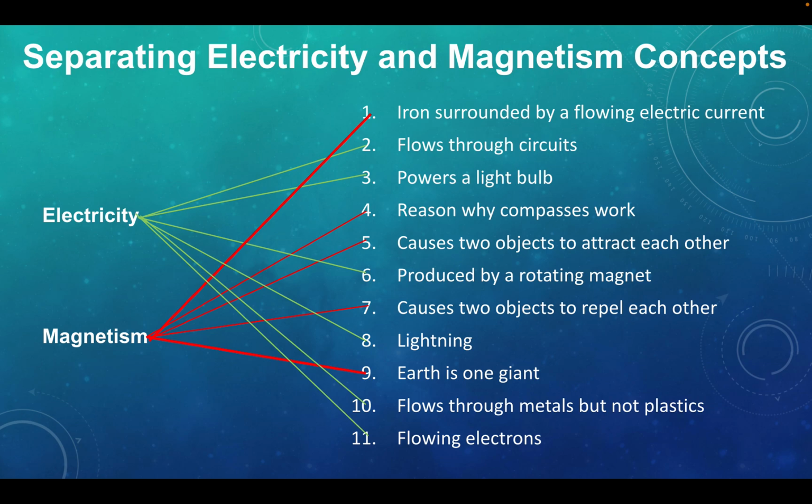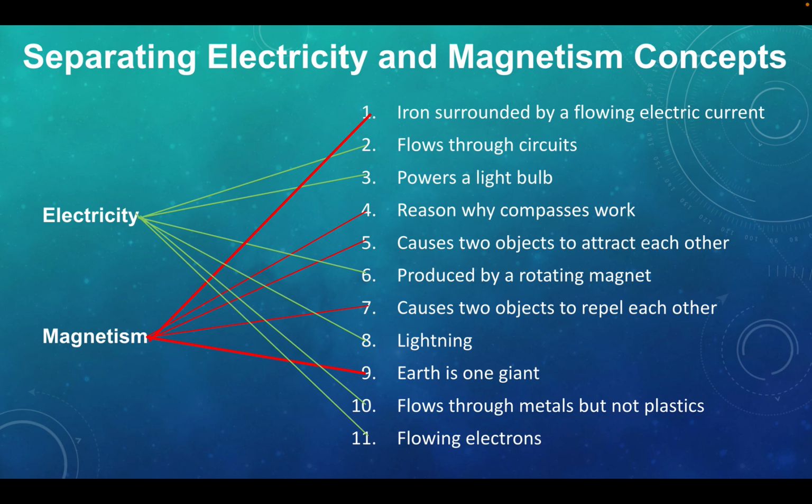Electricity is lightning. That's a natural form of it. Electricity flows through metals but not plastics. We learned that yesterday with conductors and insulators. And electricity is, to be exact, flowing electrons, which happens through a conductor, such as water or metal, as each little particle transfers an electron back and forth to transfer the charge through the medium.